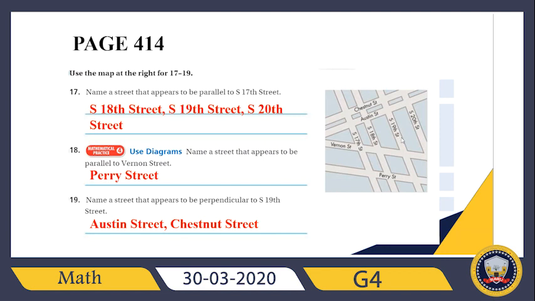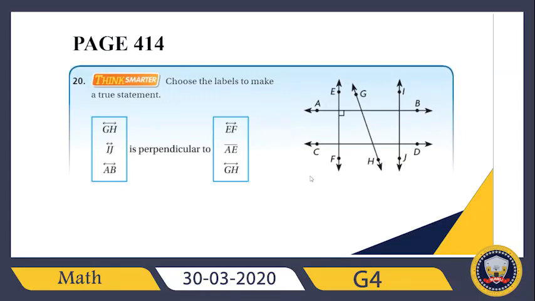First of all, let's imagine this street goes like this, but Austin Street goes like this. So I can say they are perpendicular. Or S 19th Street goes like this and Chestnut Street goes like this. So they are also perpendicular. So there are 2 streets which are perpendicular to S 19th Street.